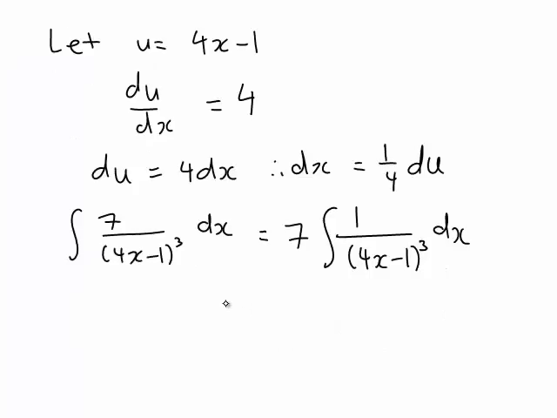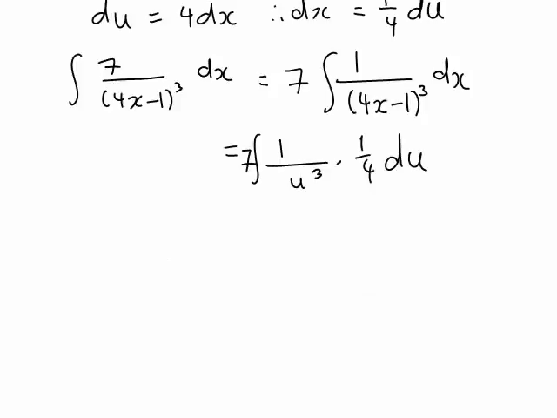And now applying our substitution, that's 7 times the integral of 1 divided by u cubed, and dx is replaced with a quarter du in this case. And that is a lot easier to evaluate in that form than the original expression we started with. Just to make it even simpler, that 1/4 could be taken outside the integral sign, giving 7 times a quarter, which is 7 divided by 4.